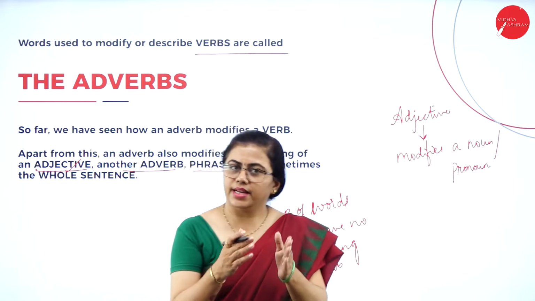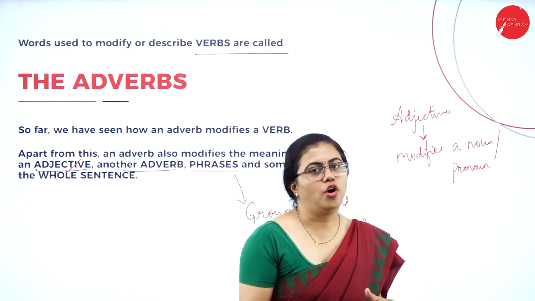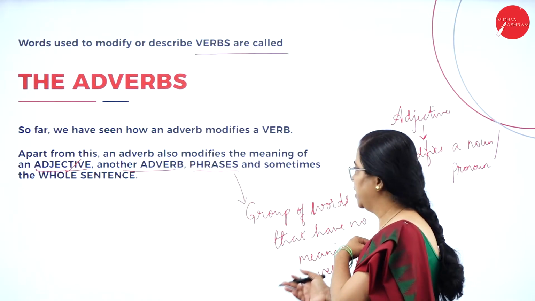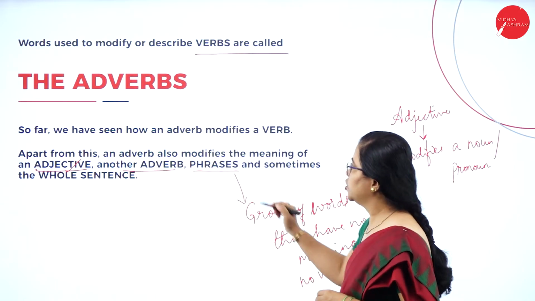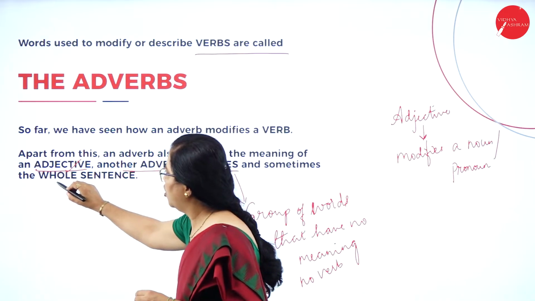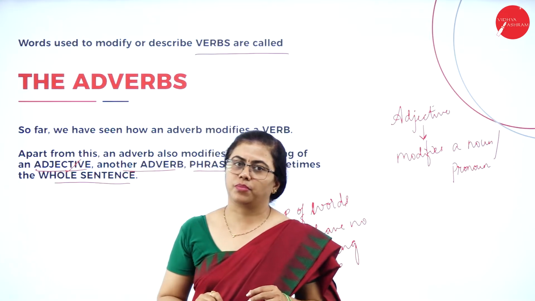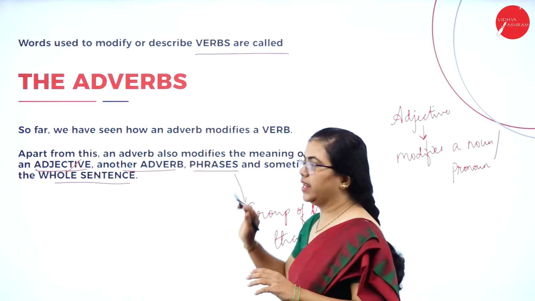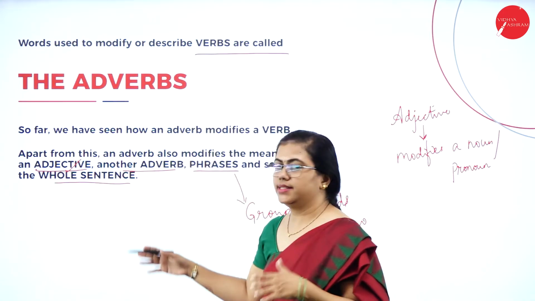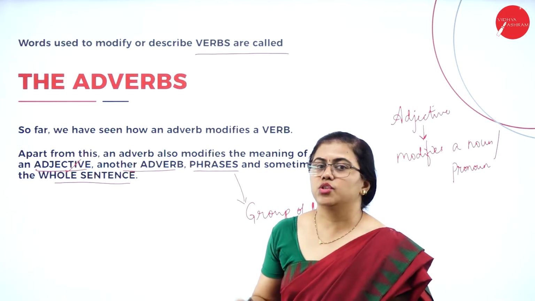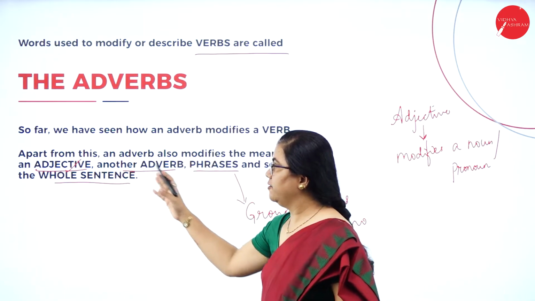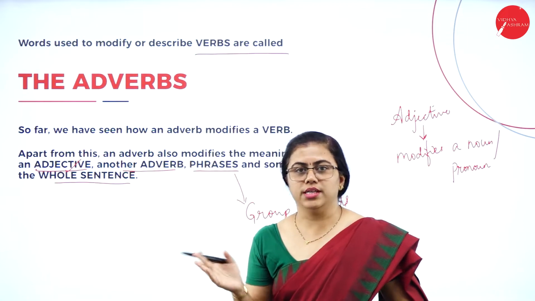So an adverb can also modify a phrase or the whole sentence. Modifying a phrase is very rare, whereas modifying a sentence is very common. So an adverb can modify an adjective, another adverb, or a whole sentence.